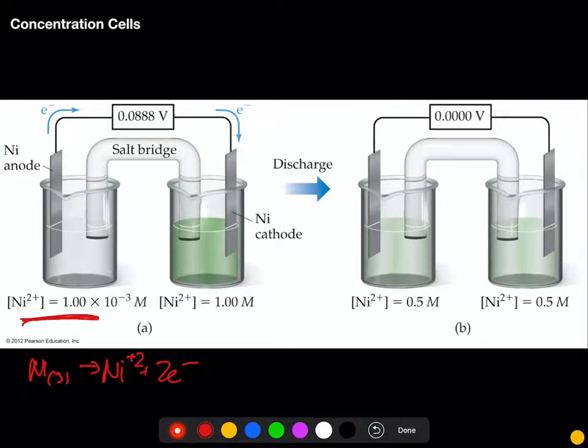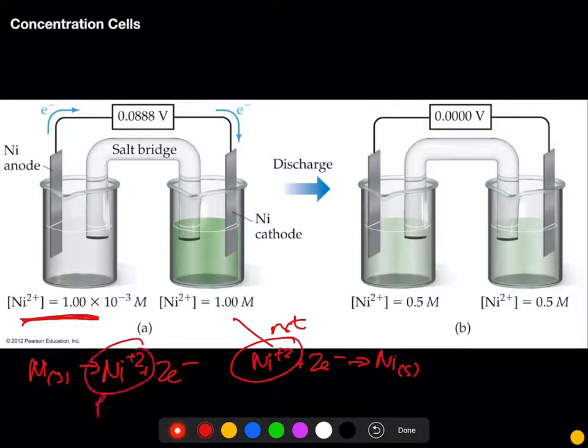Over here, where reduction is supposed to occur, we're going to take nickel 2 plus plus 2 electrons to give us nickel solid, which means that we are going to consume those electrons there. So if we came up with an overall reaction, this would be my reactant, and this would be my product ions. Does that make sense?